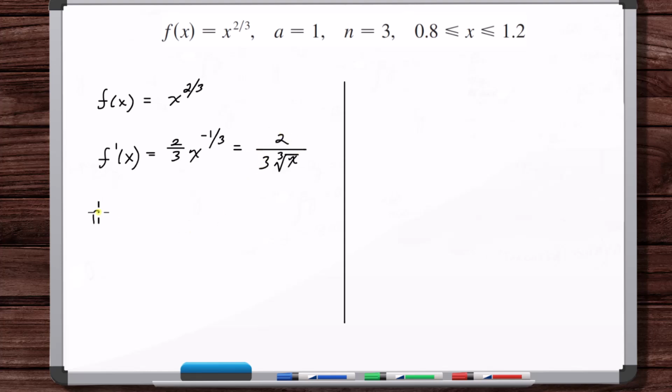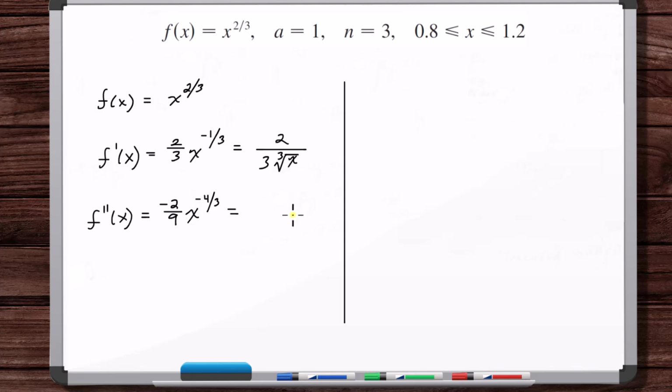Now f double prime: minus 1/3 times 2/3 is minus 2/9. x to the minus 1/3 minus 1, that is minus 1/3 minus 3 over 3, is minus 4/3.